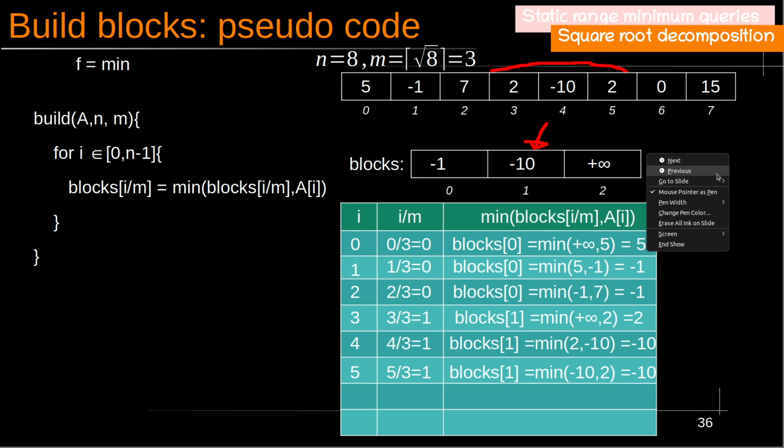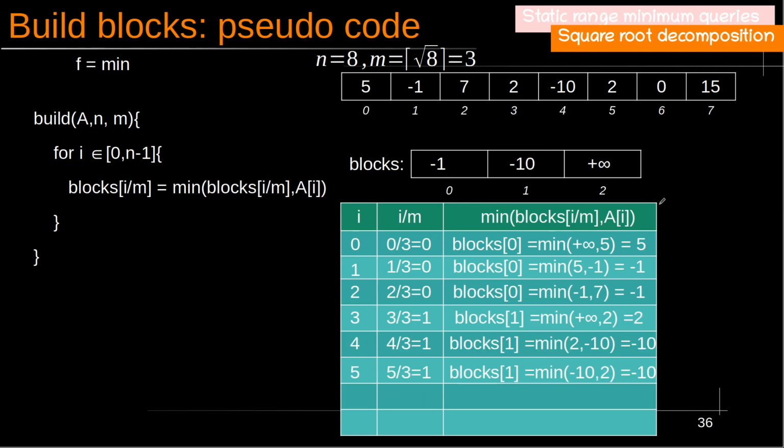Now, these two will be 6. 6 over 3 is 2. So blocks of 2 is the minimum of the previous computation in the cell blocks of 2, which is plus infinity, and the new common value from the original array, which is A6, which is 0 here.